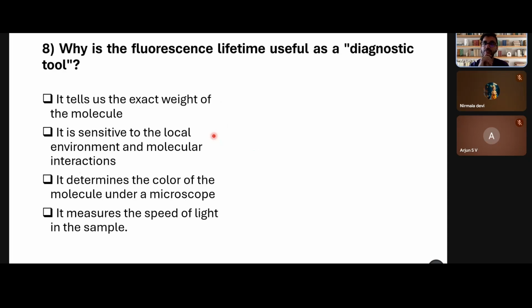So why is the fluorescence lifetime useful as a diagnostic tool? This will be discussed in the last 5 minutes of the last lecture of week 3, I guess. The options are: it tells us the exact weight of the molecule; it is sensitive to the local environment and molecular interactions; it determines the color of the molecule under a microscope; it measures the speed of light in the sample.